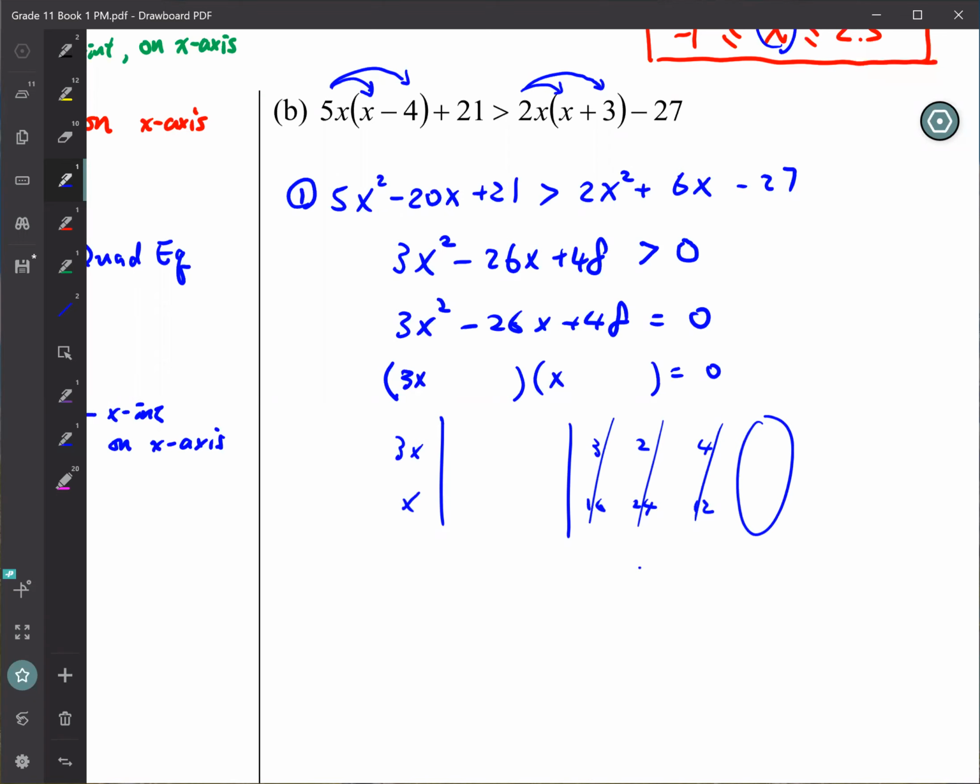Okay, so see if it's positive, negative, flip up and down. Okay, try that one. Okay, let's get one more. Anyone else got the roots?